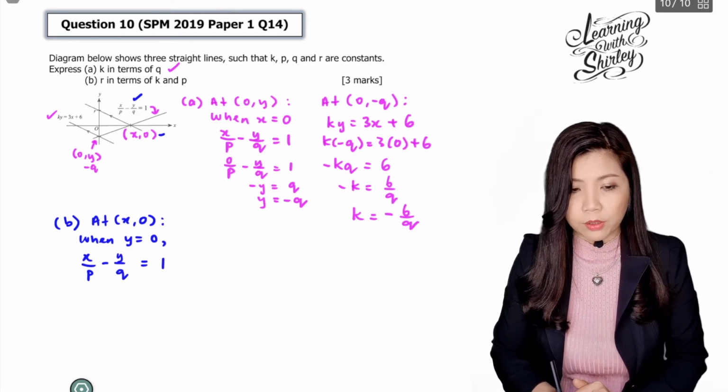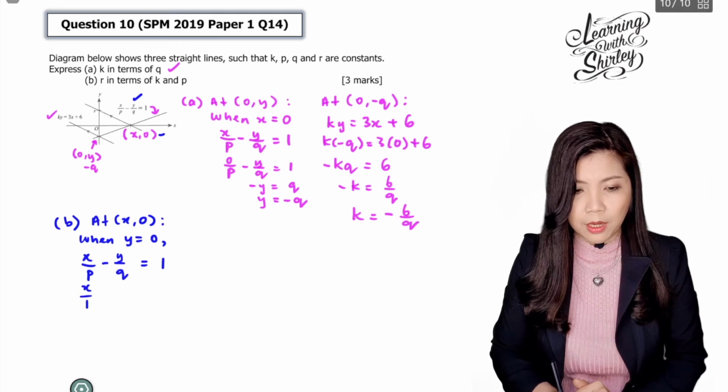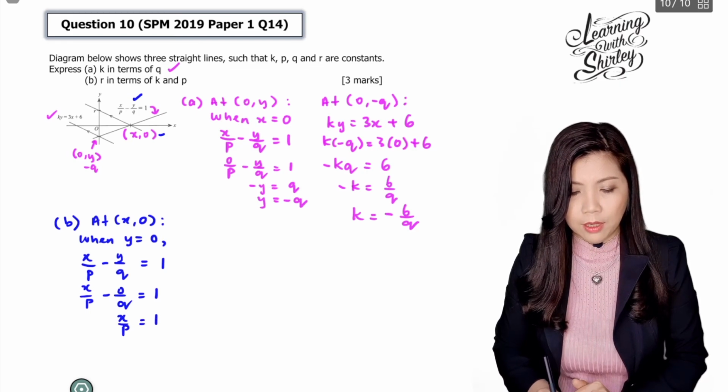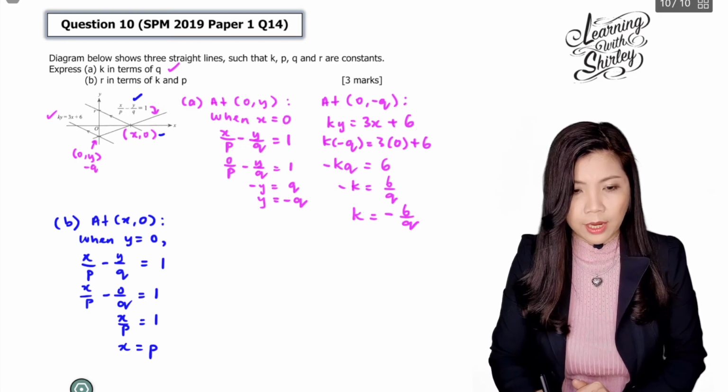So I'm going to substitute y equals 0 inside. So x over p minus 0 over q equals 1. So x over p equals 1. So x equals p.